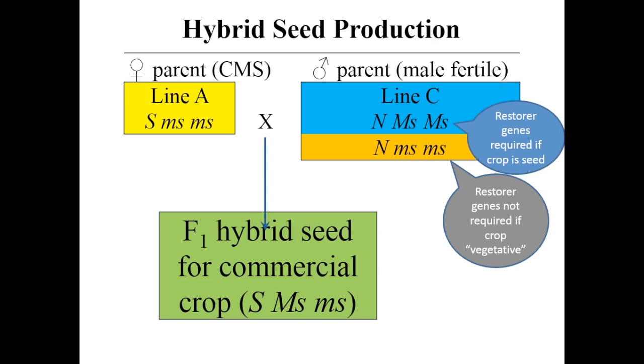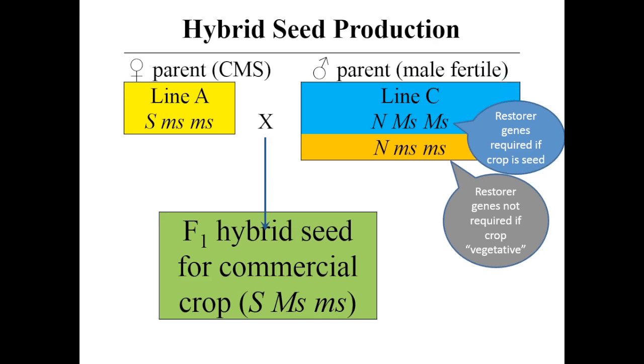And so you have to find your inbred with these restorer genes. You cross these to the CMS line, and it's going to be heterozygous in your F1 hybrid, but that will mean that the plant is fertile and can self-pollinate itself.